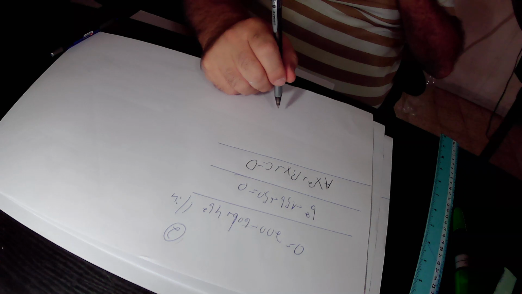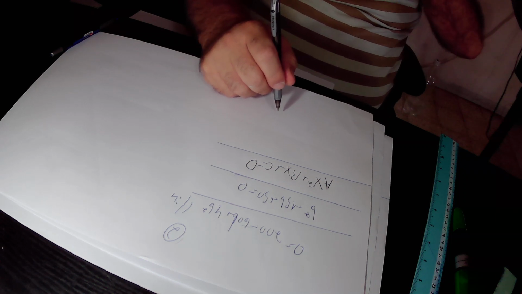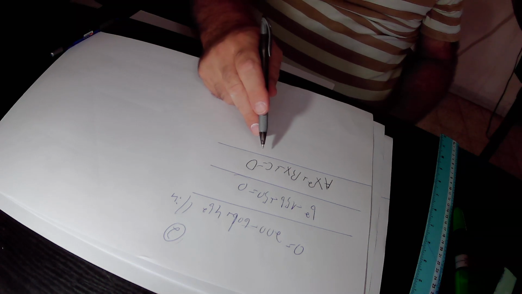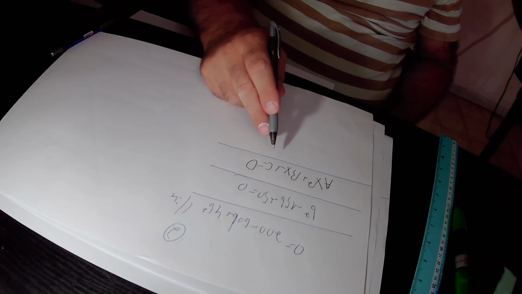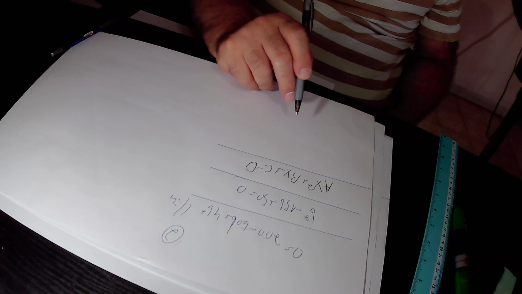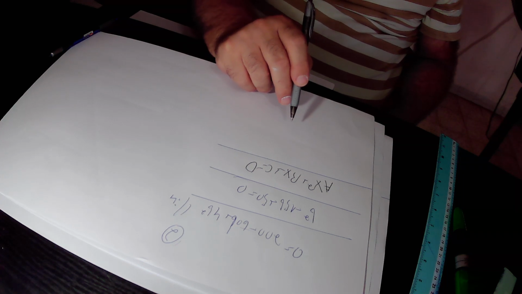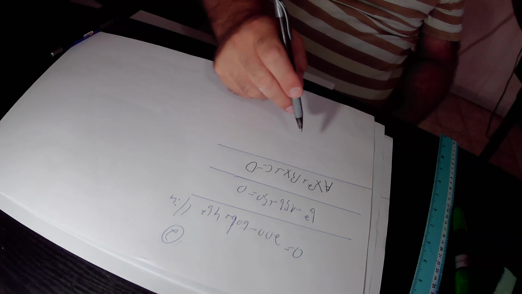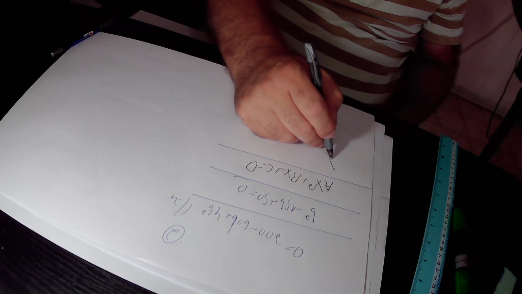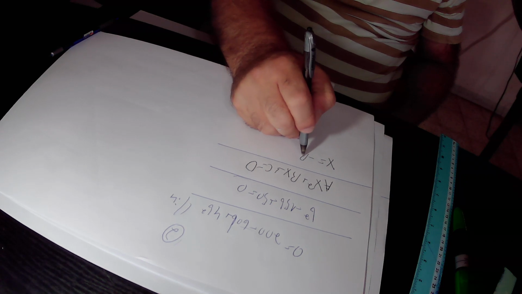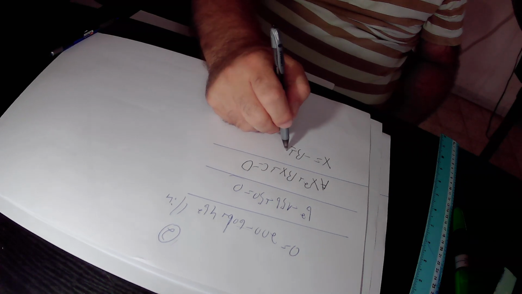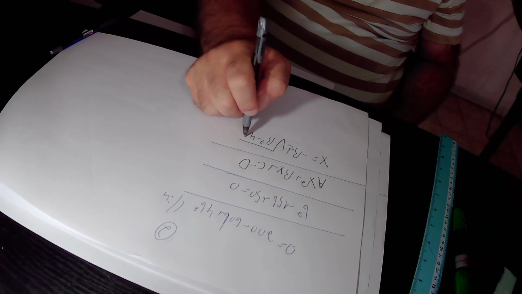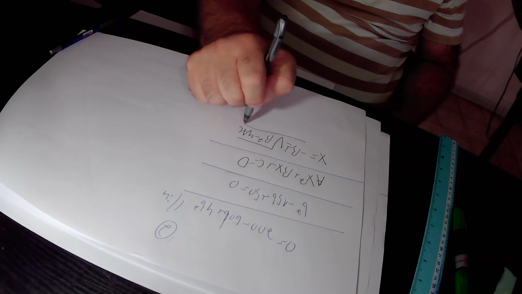This is the general formula for a quadratic equation. a, b, and c are the coefficients of this quadratic equation, and x is the variable that we are looking for. And we find the value of x according to the following general formula: x equals minus b plus minus the square root of b squared minus 4 times a times c, over 2a.